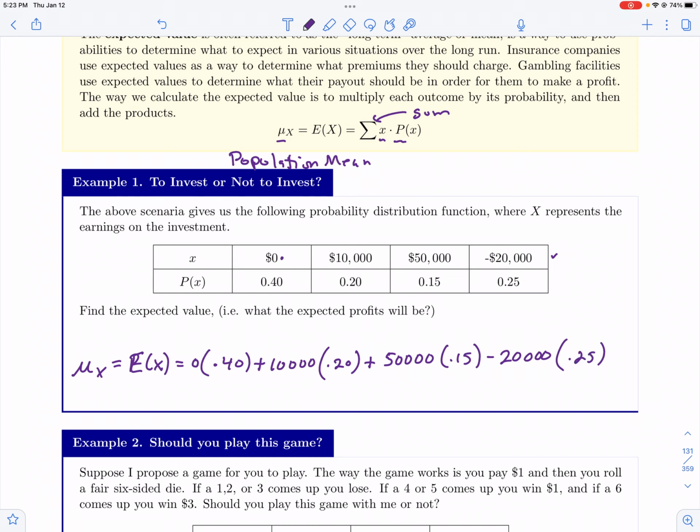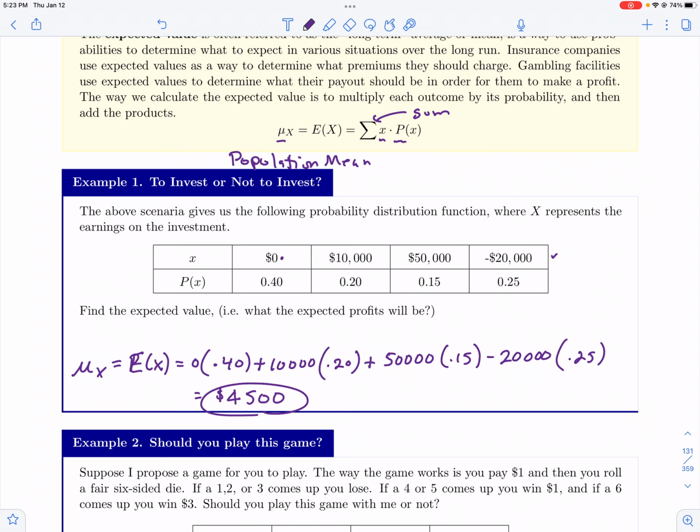If we just throw this in the calculator exactly the way it is, we'll see that we get 4,500 for this. So what we would expect to make in the long run on our investment is about $4,500. So that's pretty good.